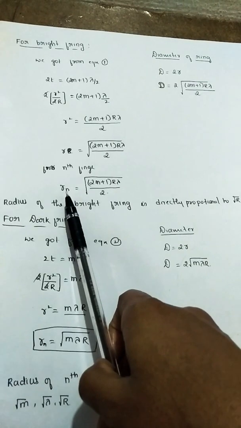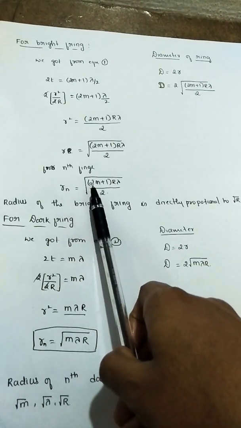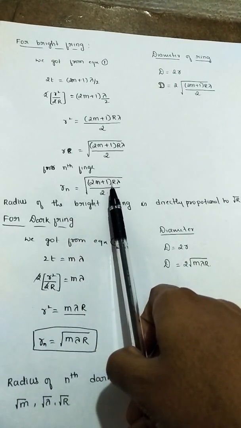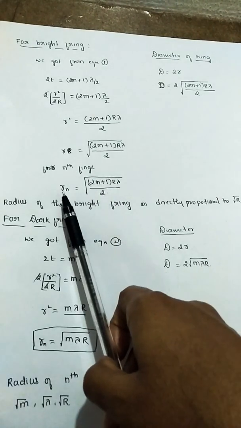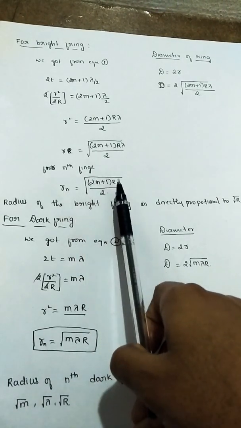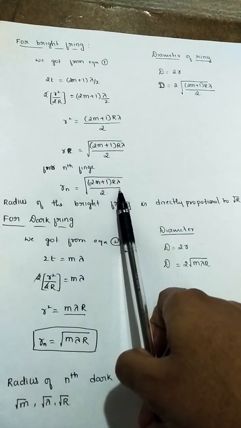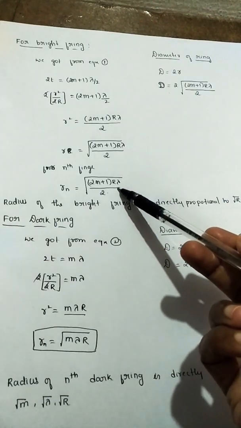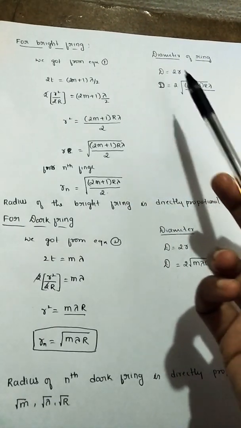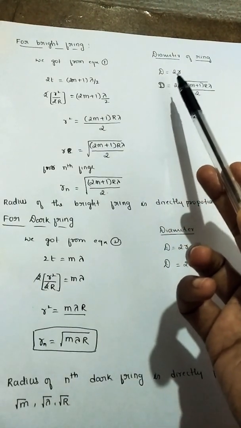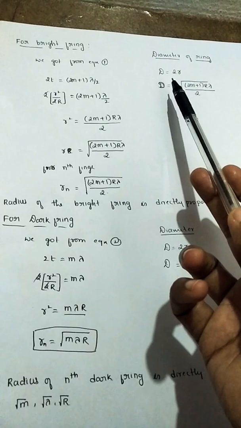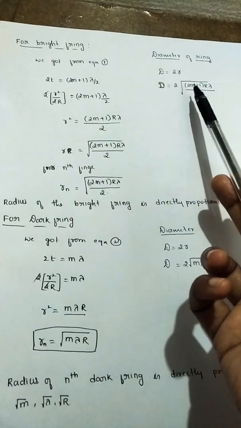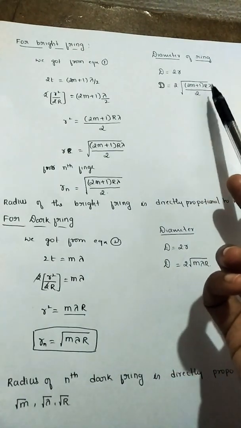That is, the radius of the fringes is directly proportional to the square root of 2m plus 1, to the square root of the radius of curvature of the plano-convex lens, and to the square root of the wavelength of the monochromatic light. If we get the radius of the fringes, then we can calculate the diameter of the fringe. As we know that diameter is equal to 2 into radius, that is d is equal to 2 into r. Therefore, d can be written as 2 into square root of (2m plus 1) R lambda divided by 2.